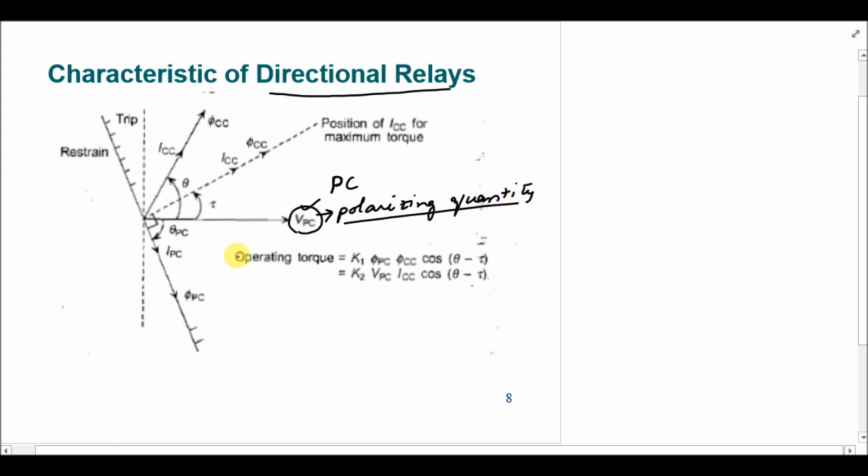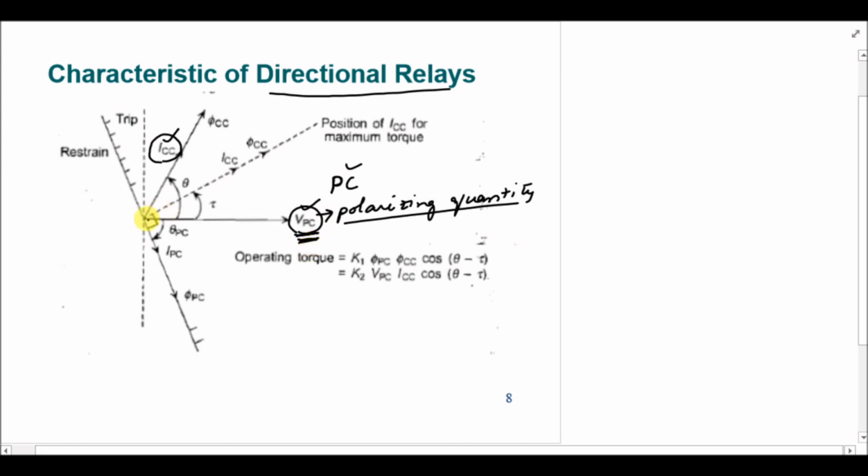As the coil is an inductor, the voltage and current will have an angle closer to 90 degrees, and the current will lag the voltage applied to the potential coil. Similarly, there will be a current coming from the CT, and with reference to the VPC value, this current will be leading the polarizing quantity, or the voltage coming from the potential transformer.